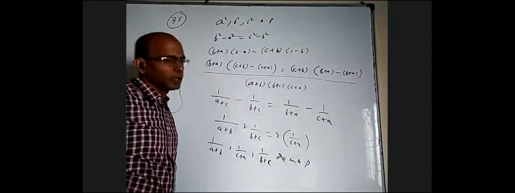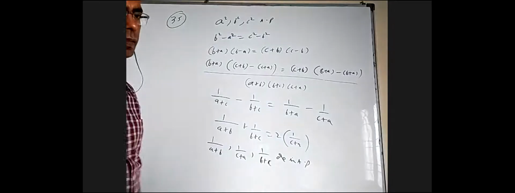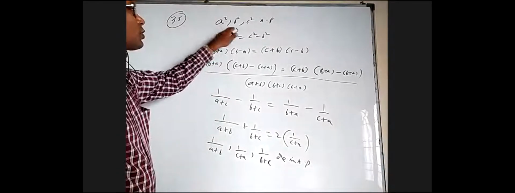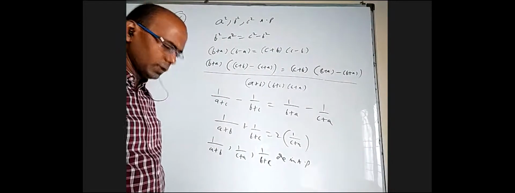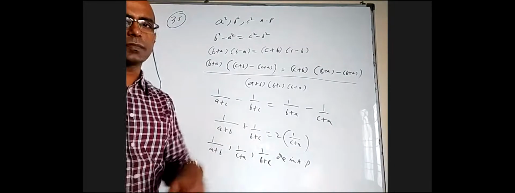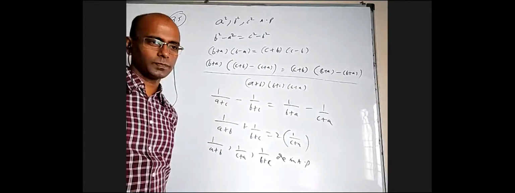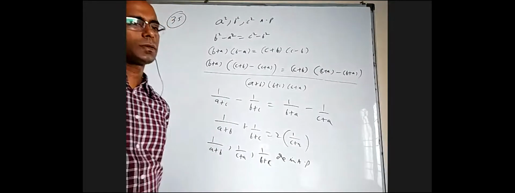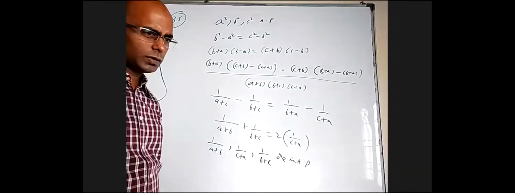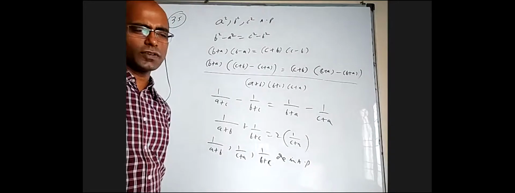Somebody can take A square, B square, C square as, I don't know, 4, 9, and some 14. Then the corresponding A, B, C will be thirds, not so nice. You cannot take equal numbers because then all look correct. You can take 5, 0, minus 5.